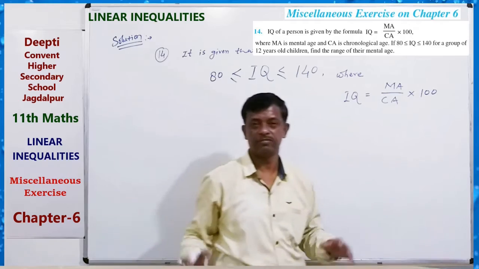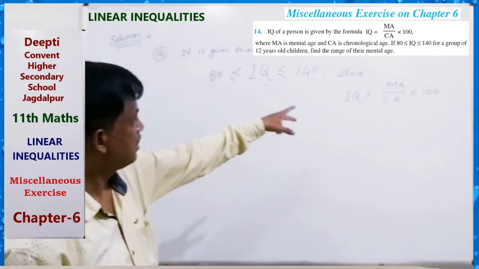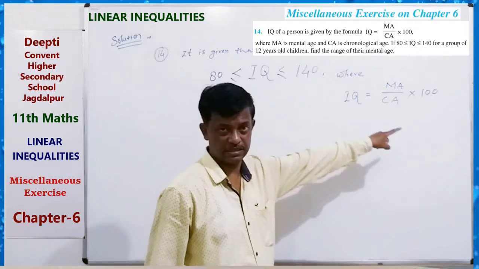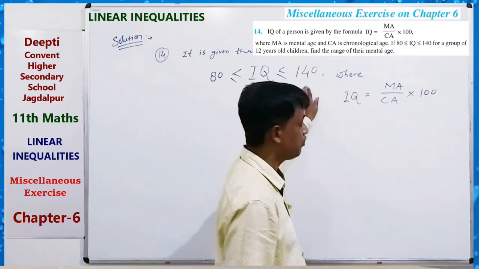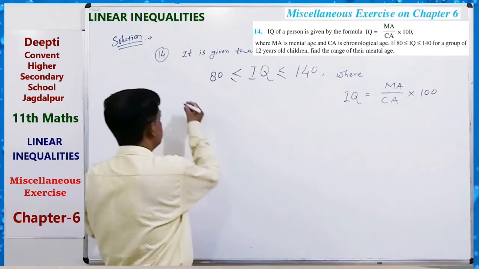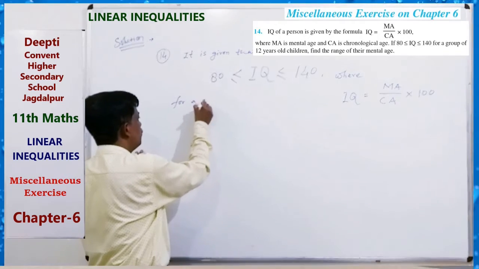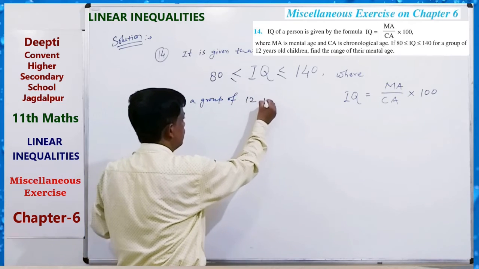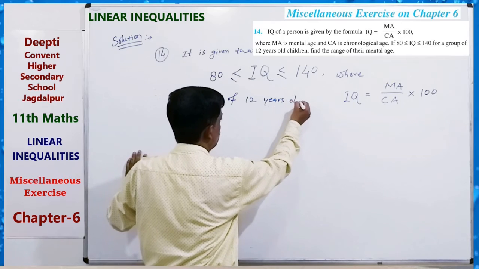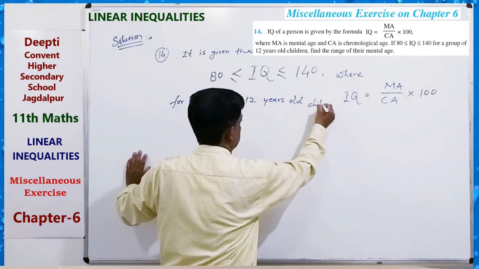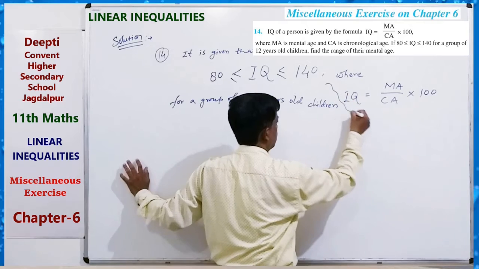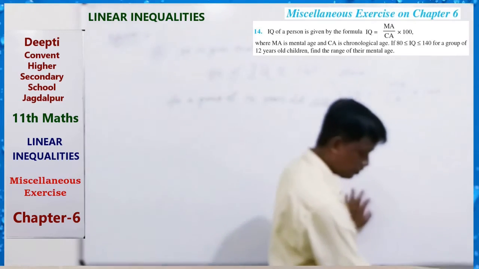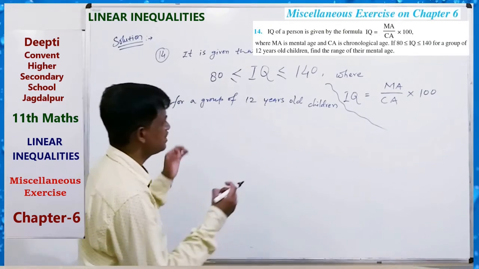This is the given relation between IQ, MA and CA. MA is mental age, CA is chronological age. And this is given for a group of 12 years old children. Just we have to find the range of the mental age. So very simple question.